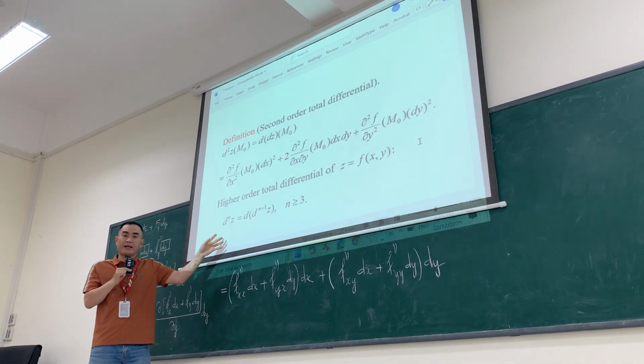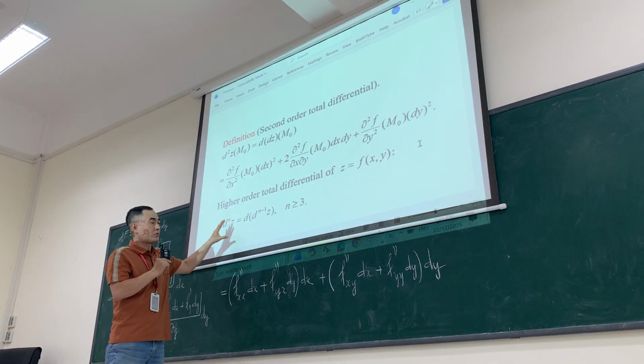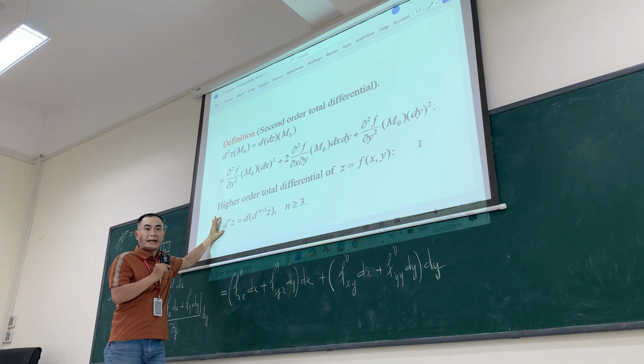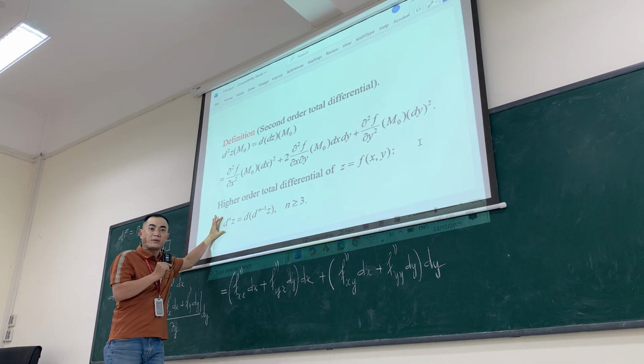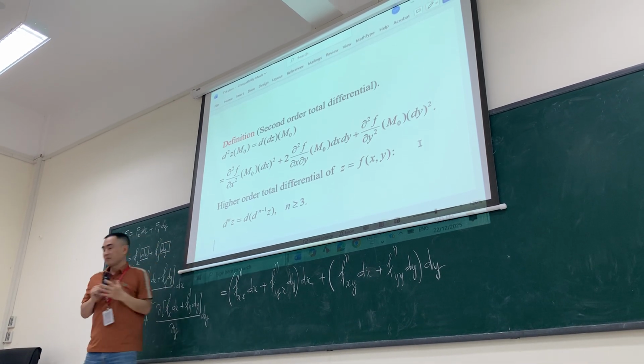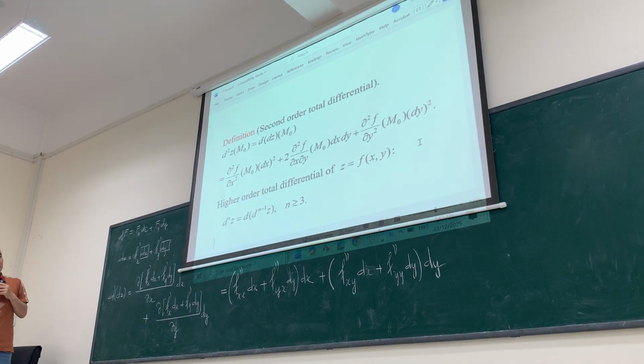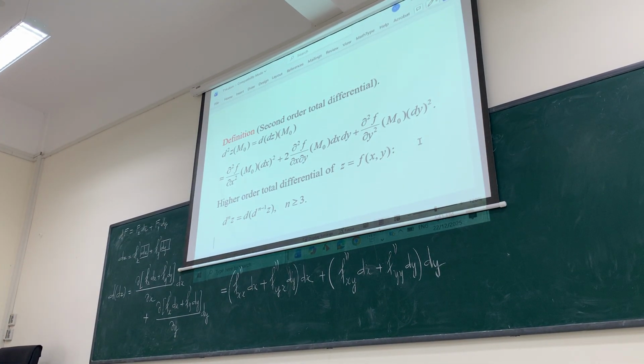Of course, we can study a way to remember how to conjecture the nth order total differential in general. This way will help you to remember the formula for the nth order total differential.